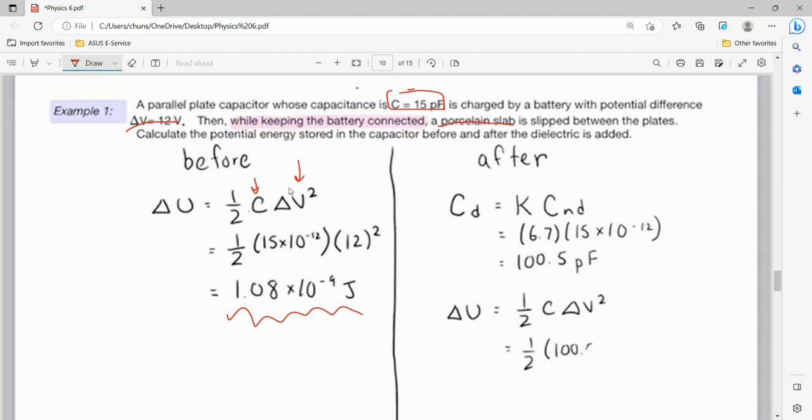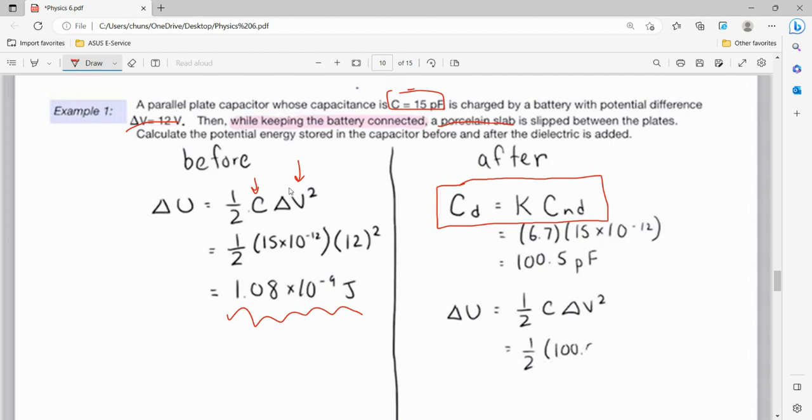But afterwards, we are using this equation. C of our dielectric is equal to our dielectric constant times C. We have a table that shows what our value is for a certain material. In this case, we have porcelain, and if we look at our table, it's 6.7. We're going to multiply that by our given capacitance.